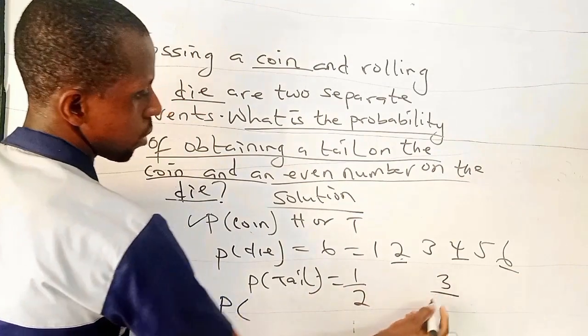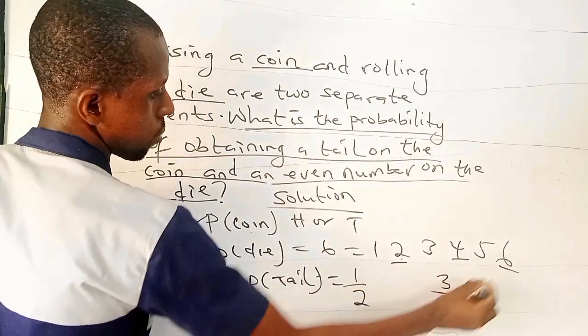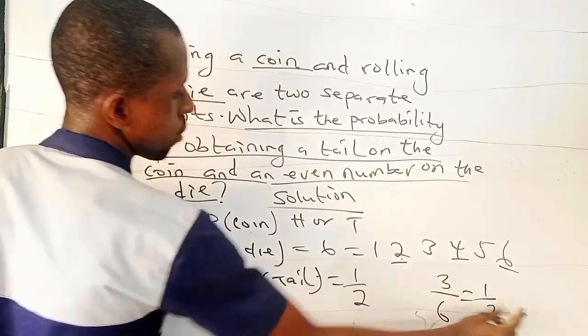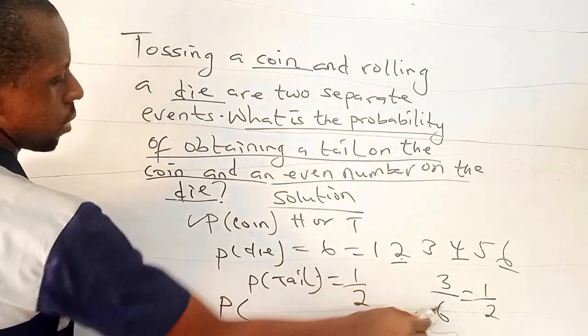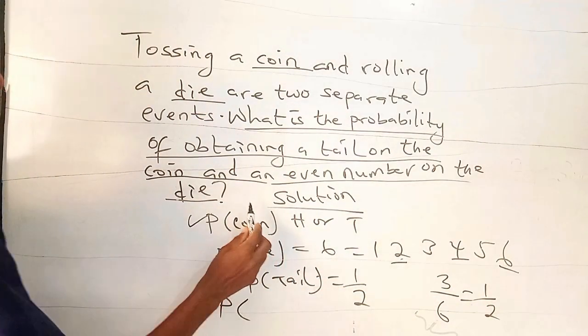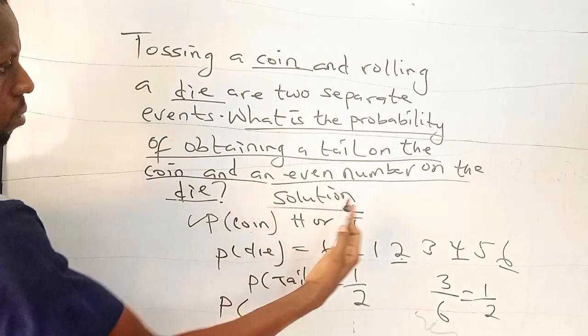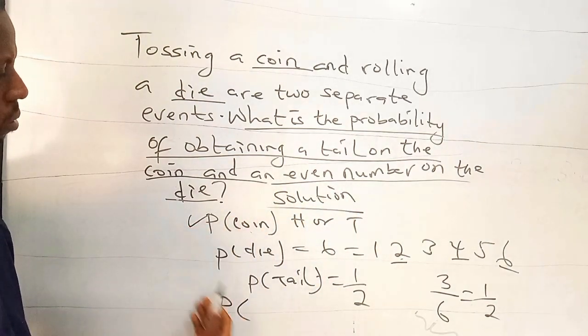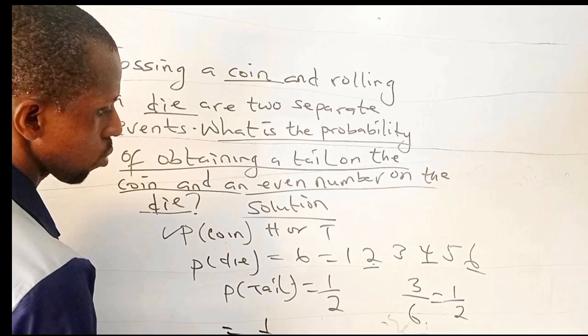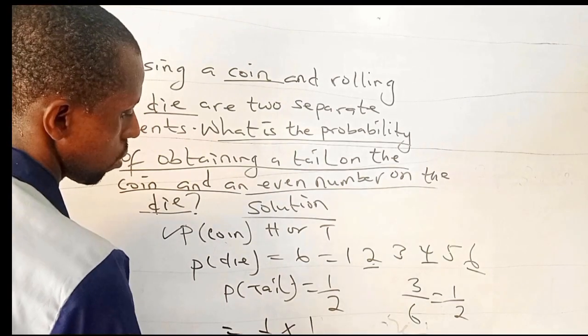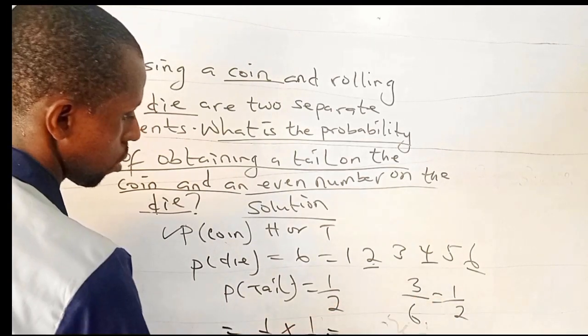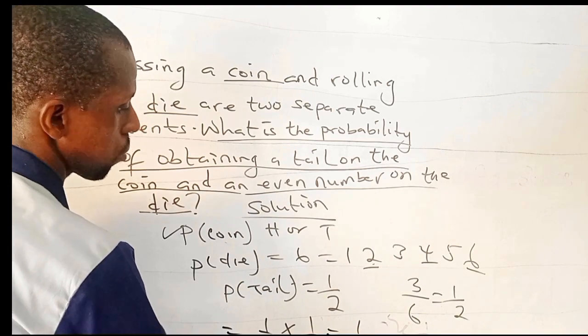So that is 3 over the total, 6, which is 1 over 2. This is for a die, and this is for a coin. The question says, what is the probability of obtaining both from the die and the coin? 1 over 2 times this, you multiply these two results, so we have 1 over 4.